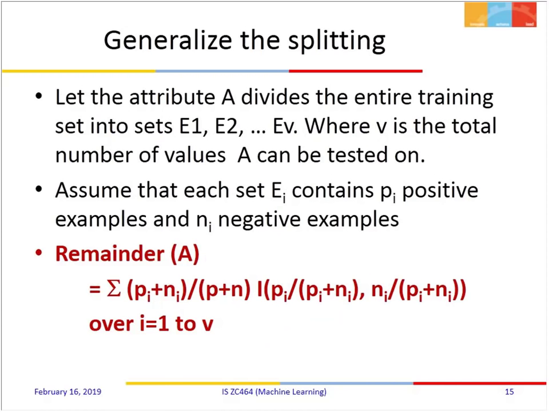Let us look at some more examples here. We have to see how good the splitting capability of the attribute is. Let the attribute A divide the entire training set into E1, E2, up to EV, where V is the number of values A can be tested on. This is exactly the same formula, but I have now added the number of values of I for all such possible answers, right?